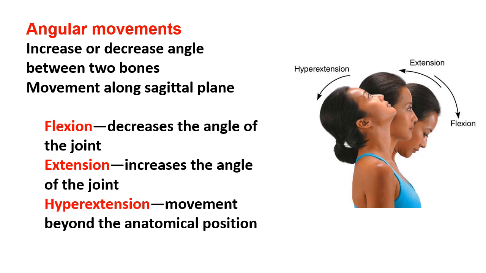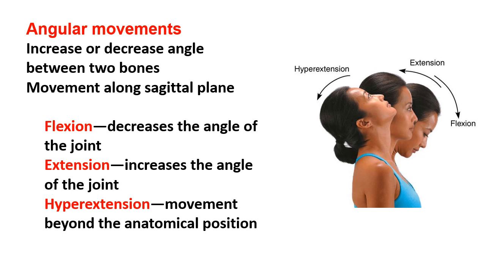Hyperextension, what is that? Can you do that with your arm? Hopefully not, unless you have a lot more fibrous stuff, what people call double jointed. It's not really double jointed, it's just extra flexible. No, you cannot do that. Don't try to do that with your arm. So hyperextension is, for example, when you're moving your head or your neck: you can do a flexion here, extension here to 180, but then if you look up to the ceiling, that's hyperextension.